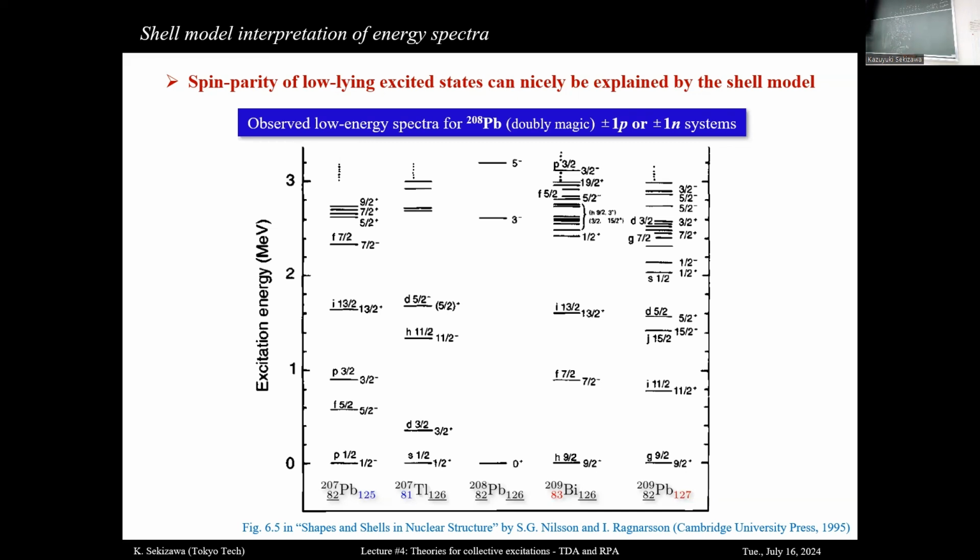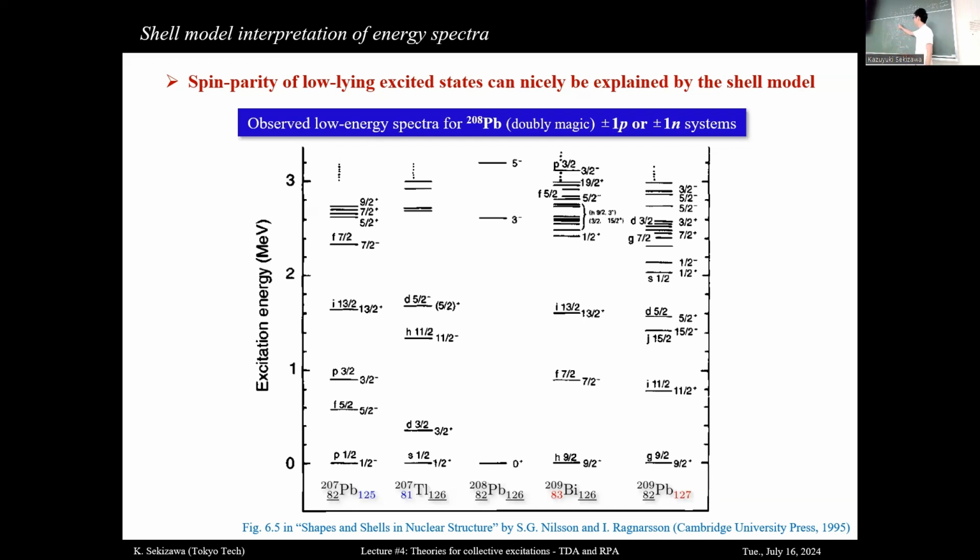You can see this is the experimental data, and here is 7/2 minus. And as a next excited state, you may consider putting this last occupied proton into the next level, this intruder state.